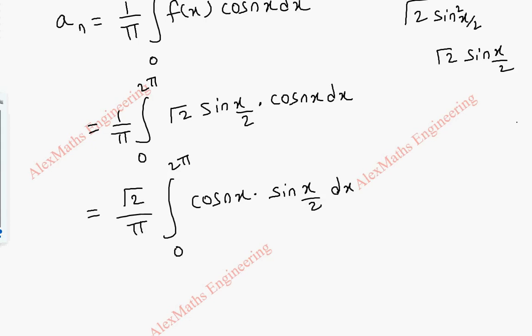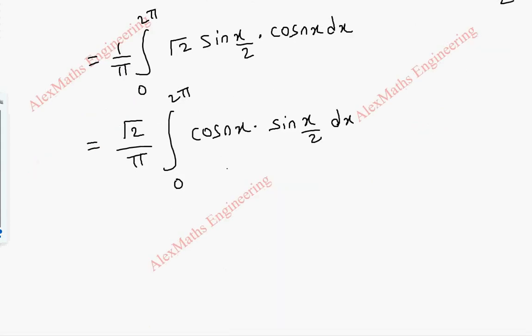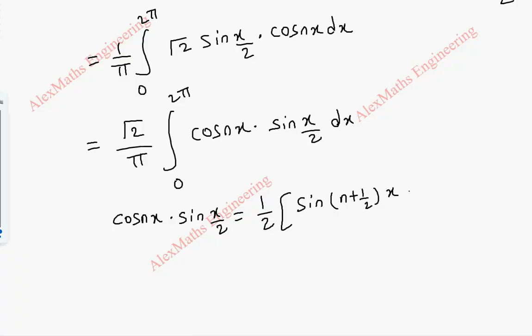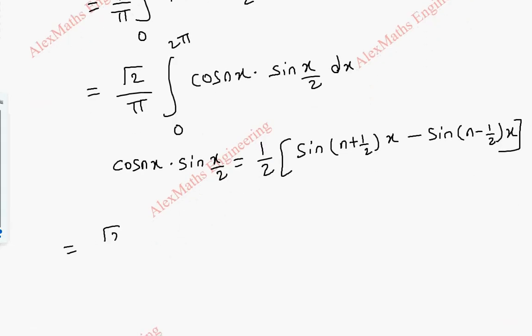We are going to apply a trigonometric formula to convert this product into a sum or difference. So we have a formula: cos x into sin y becomes half of sine of the sum of the angles, n plus 1 by 2 x, then minus sine of the difference of the angles, n minus 1 by 2 x. So let's substitute here. So it is root 2 by pi integral 0 to 2 pi, and 1 by 2 can be taken outside.